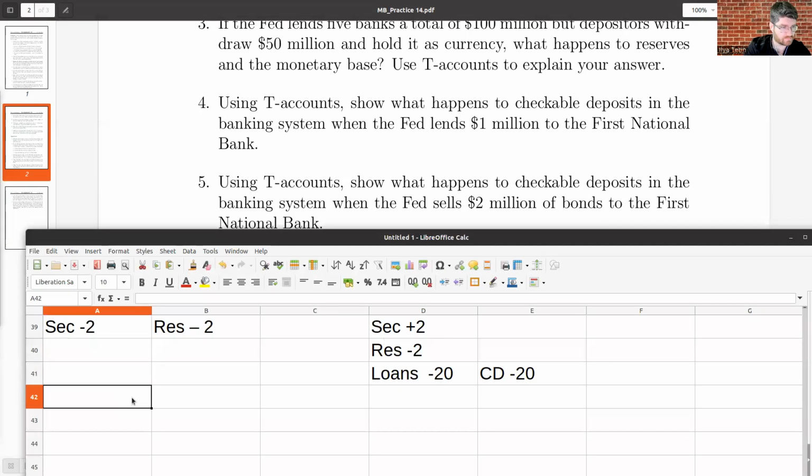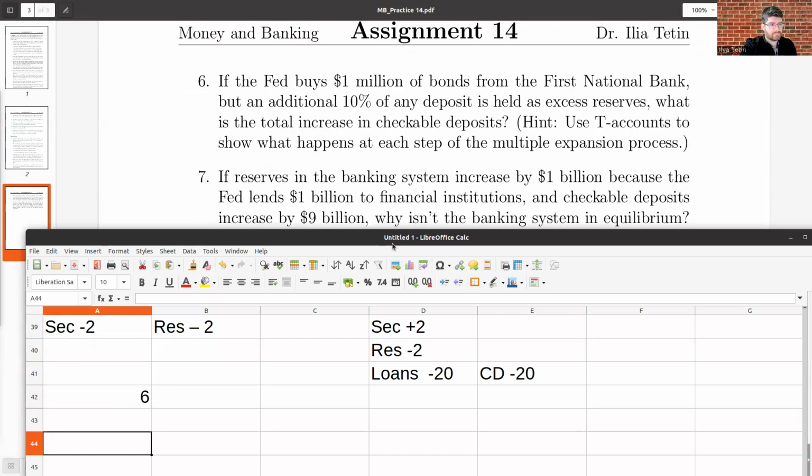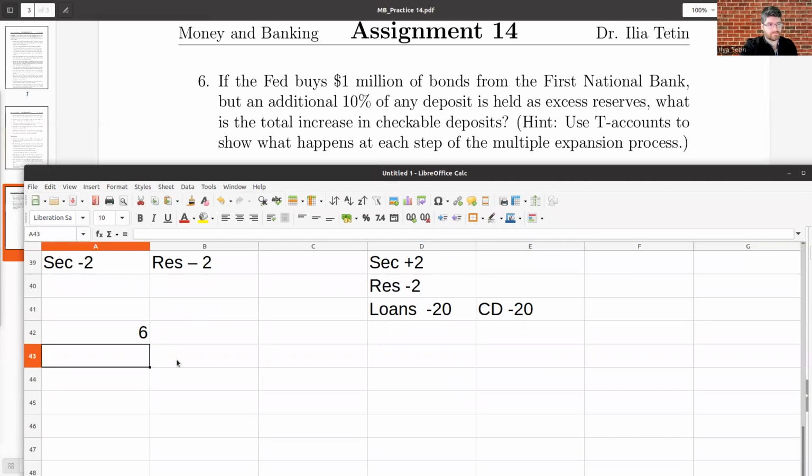Number 6. So you can see how the previous 2 operations influence checkable deposits.